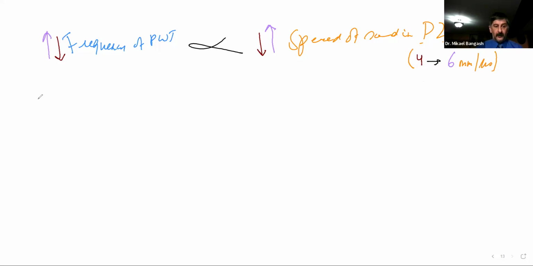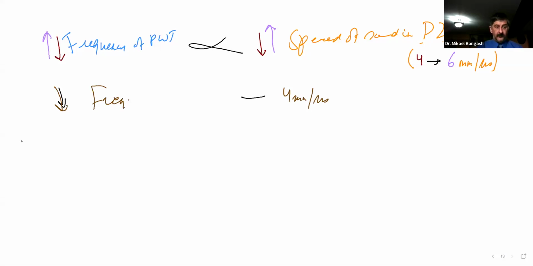So for instance, we said that if the speed of sound in the PZT crystals was 4 millimeters per microsecond, that would give us a low frequency.